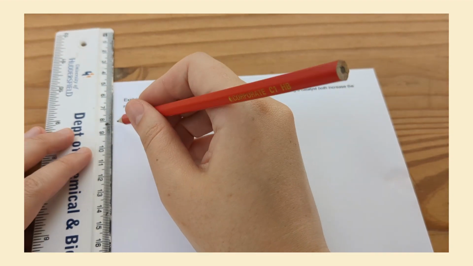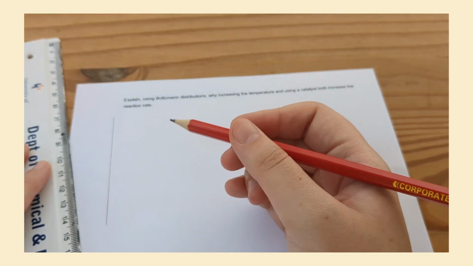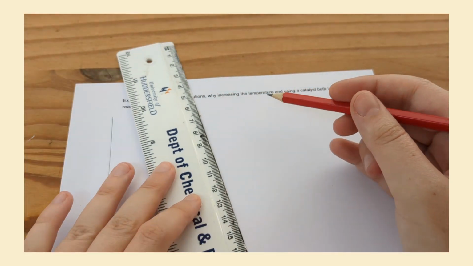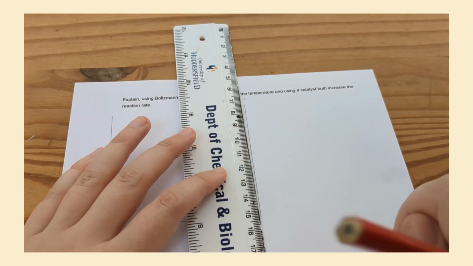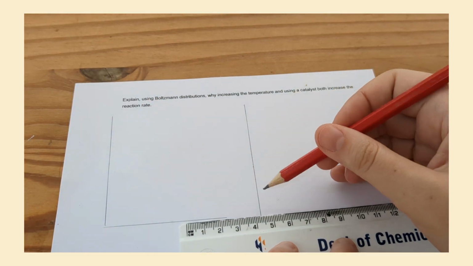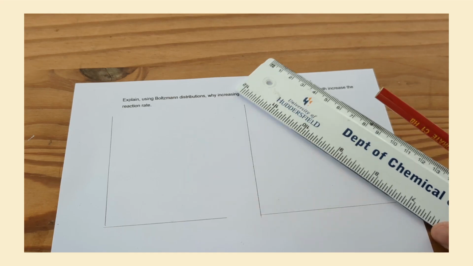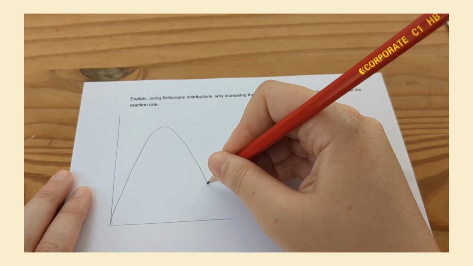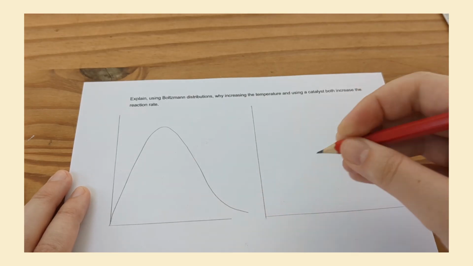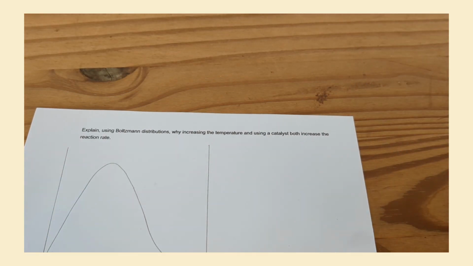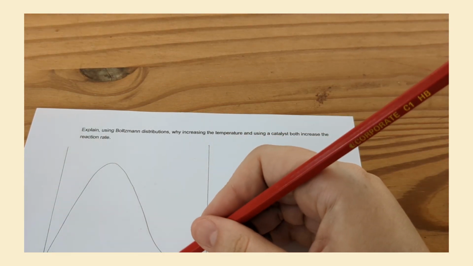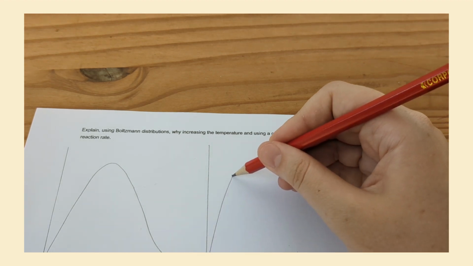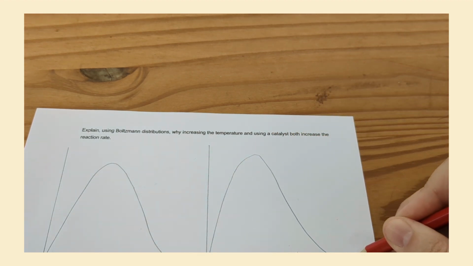So to answer this, we draw the 2 graphs that we've just seen in this video. One showing the effect of temperature and the other one showing the effect of using a catalyst. So this one can be the catalyst one, and this one can be the temperature one.